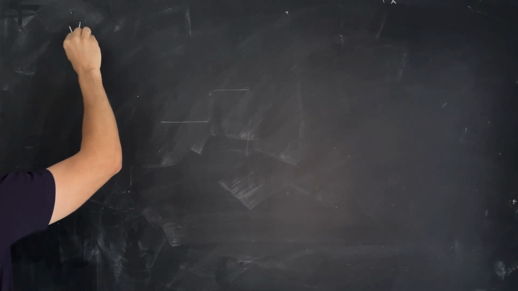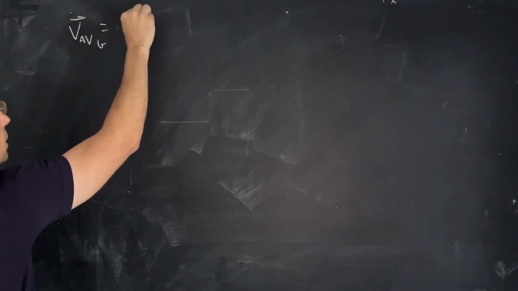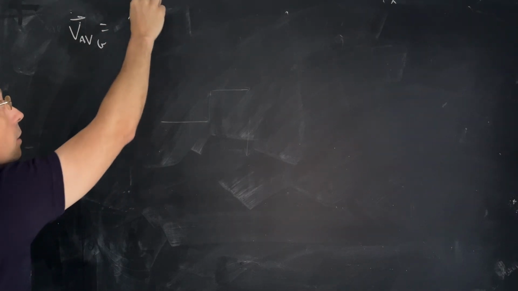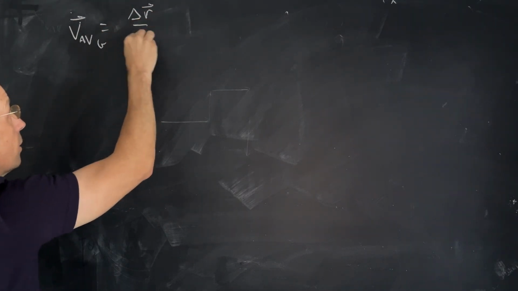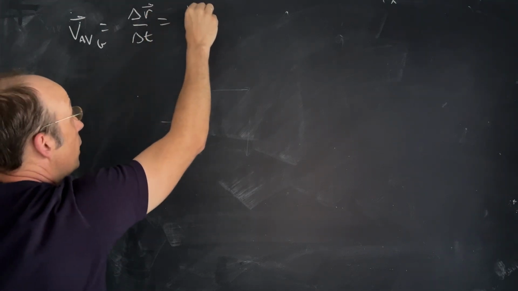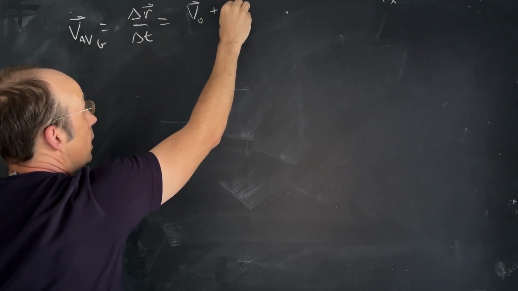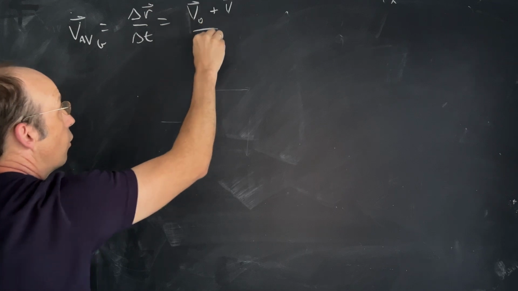V average is delta r over delta t. Yes, that is also equal to v0 plus v over 2. Just like before, I can do that as a vector operation also.